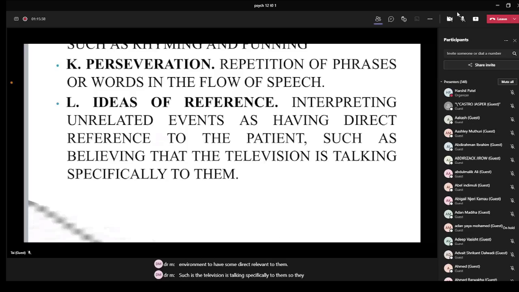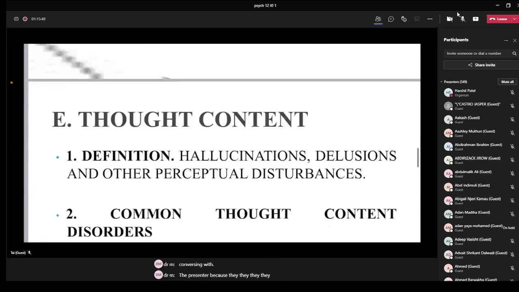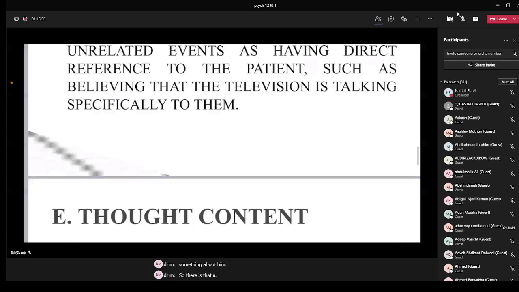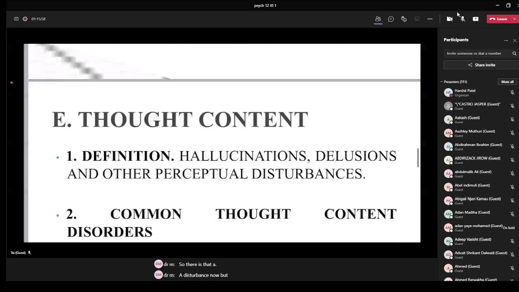So they may be sitting in front of a television and conversing with the presenter because they believe the presenter is saying something about them. So there is that disturbance.